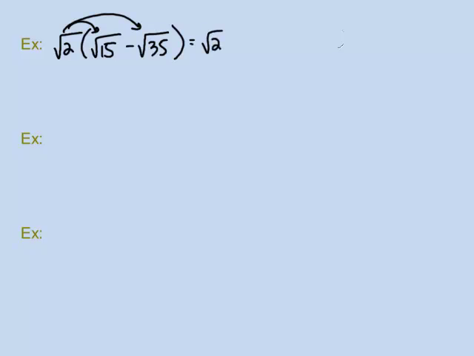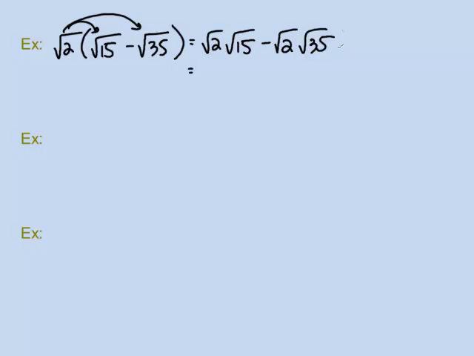All right, let's look at this example then. Let's simplify the square root of 2 times this quantity, the square root of 15, minus the square root of 35. This is a distributive property problem. We're going to multiply that square root of 2 throughout, which is going to give us the square root of 2 times the square root of 15 minus the square root of 2 times the square root of 35.